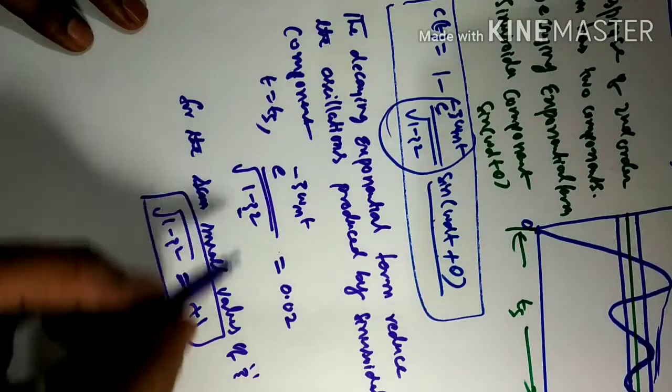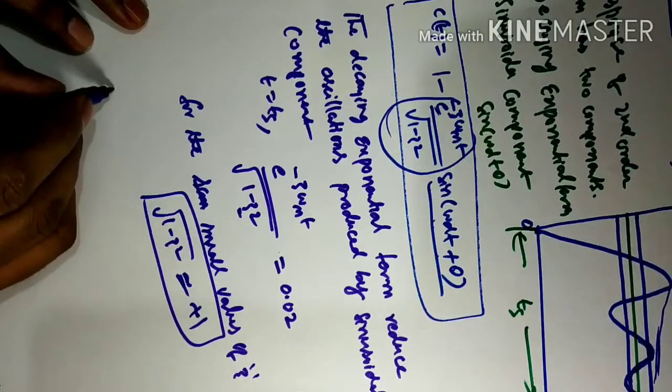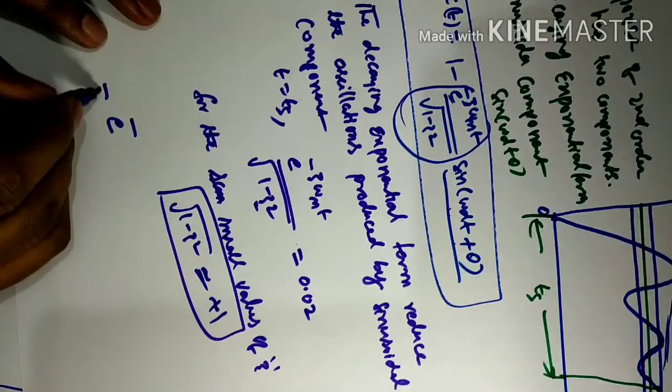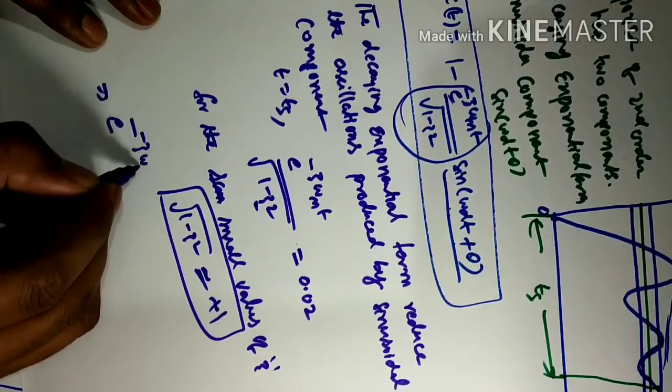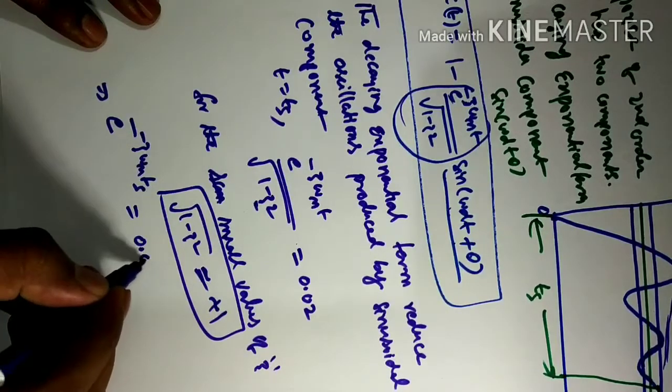So now I substitute root of 1 minus zeta square equal to 1. You are left with e raised to minus zeta omega n ts equal to 0.02.